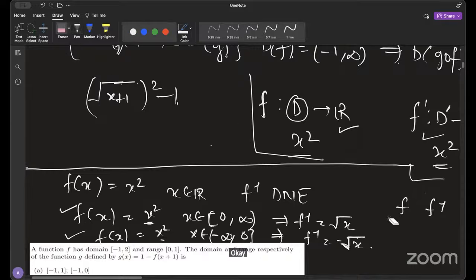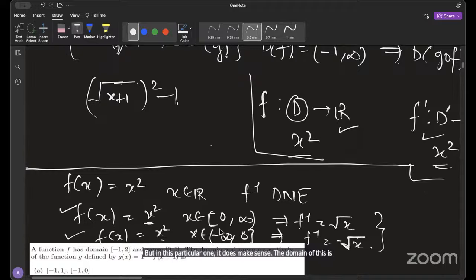But in this particular one, it does make sense. The domain of this is the domain, and the range of this is indeed 0 to infinity. So it makes sense that the domain of one is the same as the range of the inverse of this one. In fact, here also it makes sense, and in this case too.